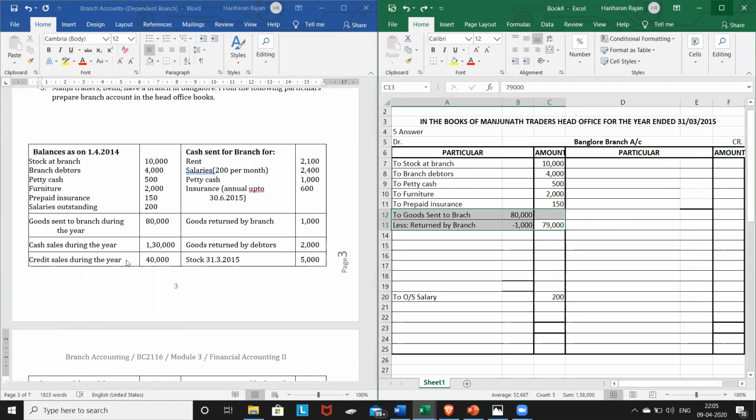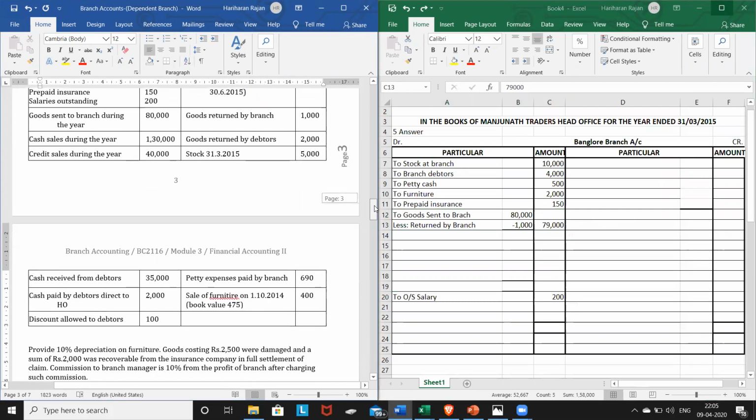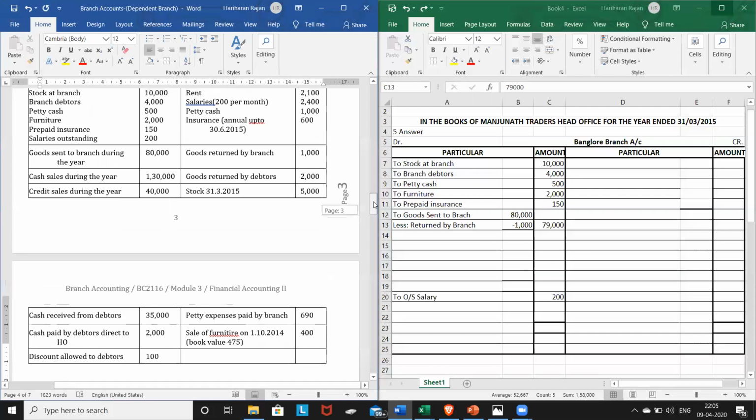Then cash sales during the year 1,30,000, that will go on the credit side. Credit sales will go to debtors. So cash received from this is also going to the credit side of the branch account. So this will go to the debtors account. This will also go to the debtors account and also the credit side of the branch account.